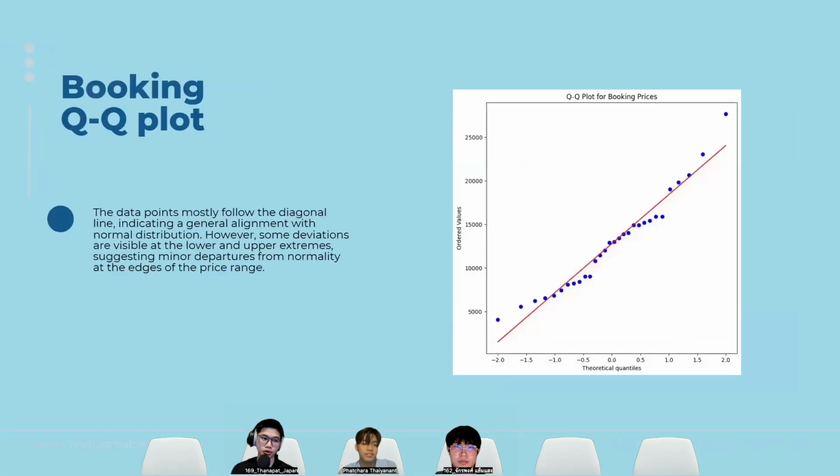The last one, the Booking QQ plot. The data points mostly follow the diagonal line, indicating a general alignment with a normal distribution. However, some deviations are visible at the lower and upper extremes, suggesting minor departures from normality at the edges of the price range.